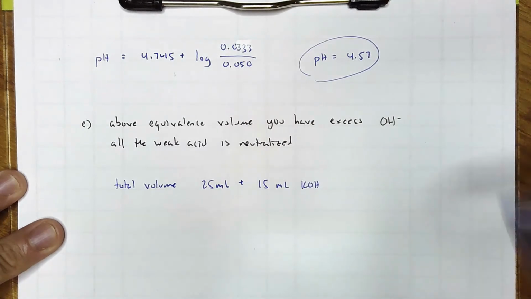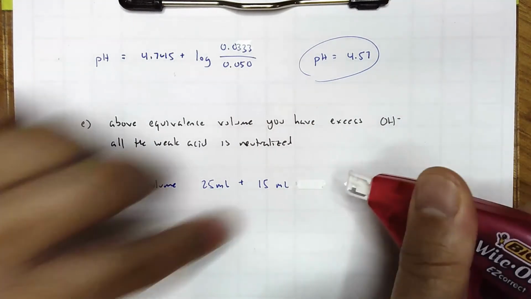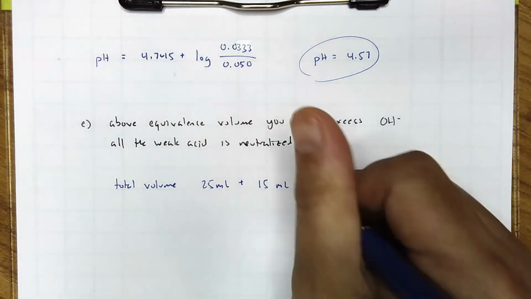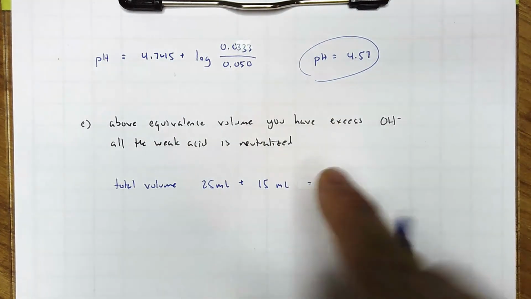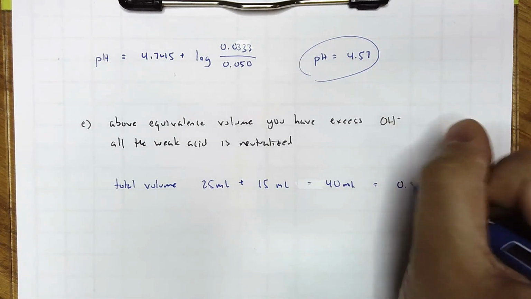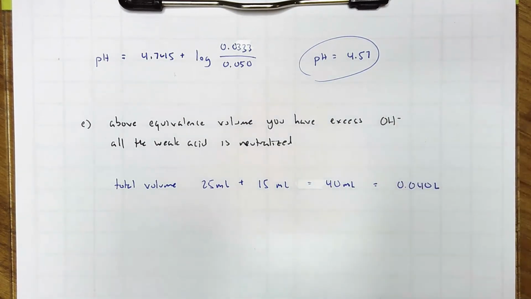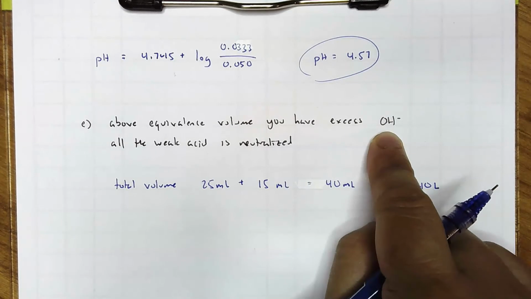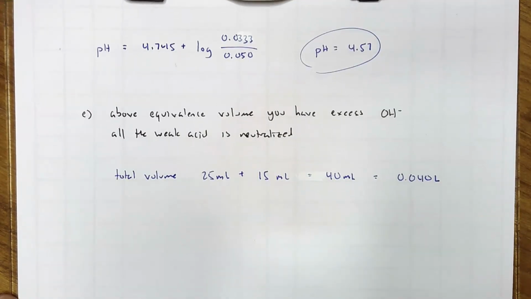We're calculating the total volume, 40 milliliters, equals 0.040 liters. So whatever moles we get for OH, we just have to divide it by this number.